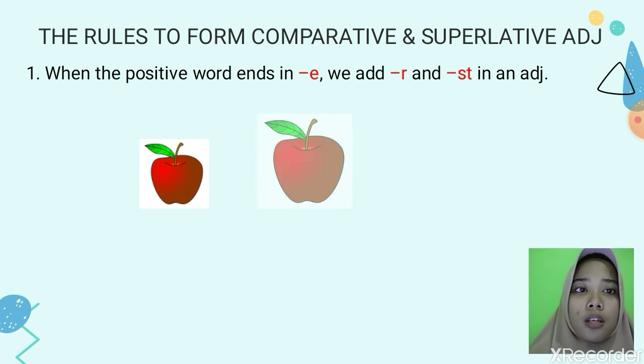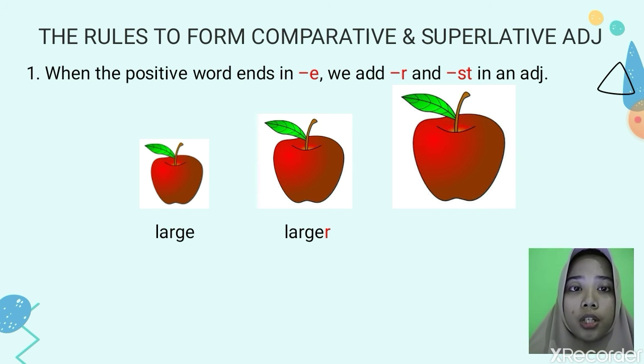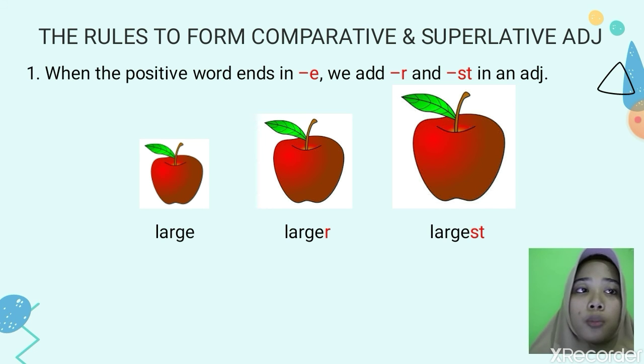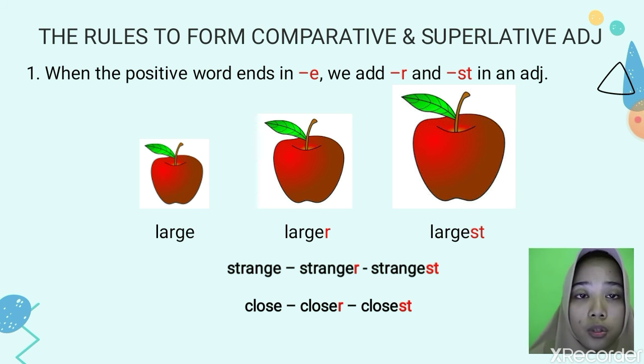So here's the example. The first picture, I describe it as large apple, and the second one is larger for comparative adjective, and largest for the superlative one. And other example is strange, stranger, and strangest. The next one is close, closer, and closest.